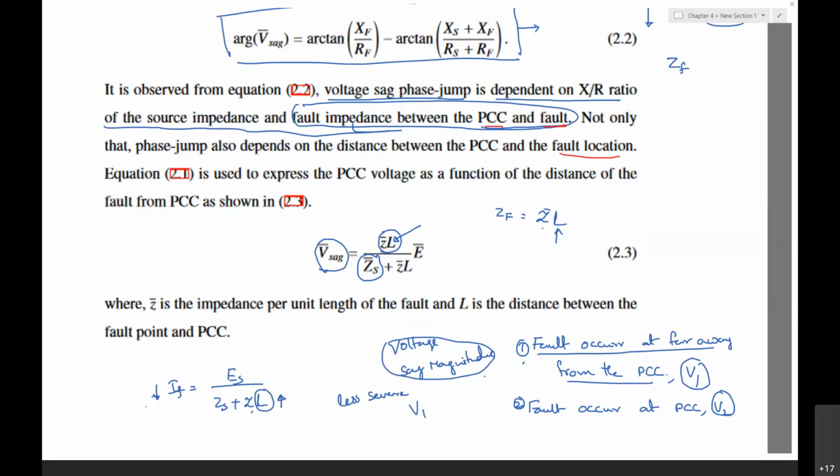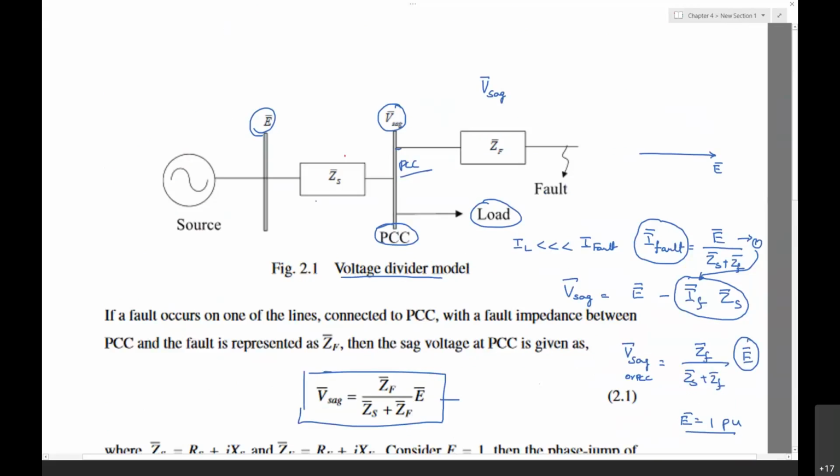What I mean to say is, if the fault has occurred in your house, then that magnitude reduction is not going to influence the distribution transformer, because the fault has occurred very far away from the distribution transformer, and the fault impedance is also very high. When you look into this equation and this particular diagram, you can understand it.